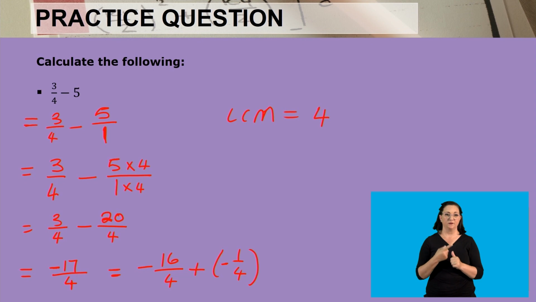And what is that going to give us? Now negative 16 divided by 4 gives us a whole number, which is a negative 4. And when we add that negative quarter, that will give us a negative 4 and 1/4. And that would be our final answer there.